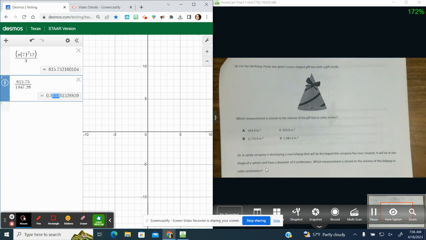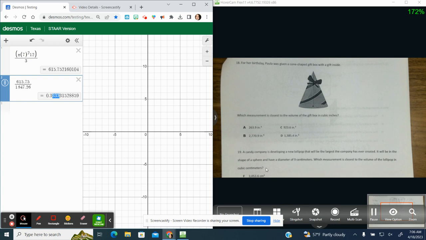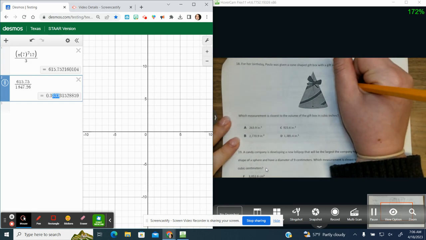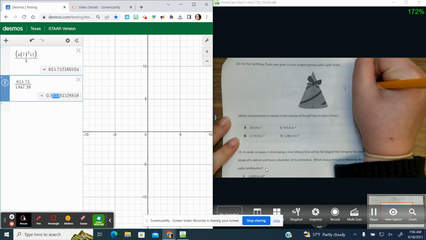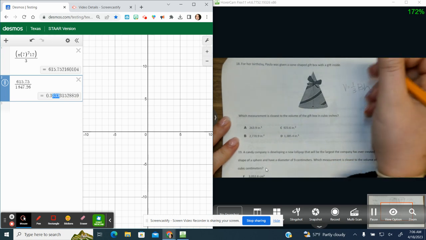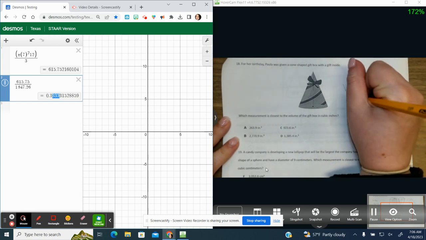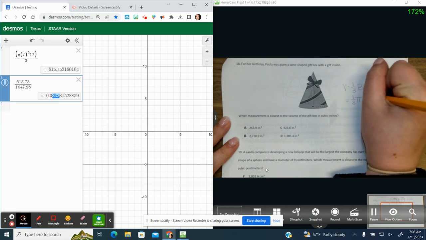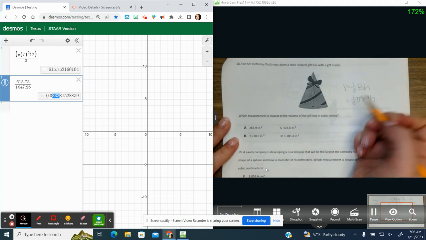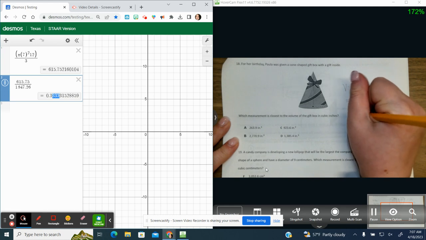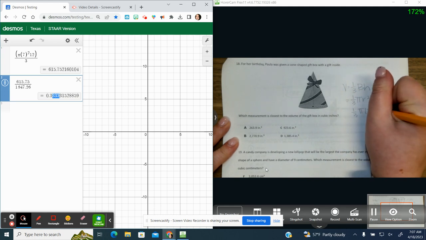Number 18. For her birthday, Paula was given a cone-shaped gift box with a gift inside. Which measurement is closest to the volume of the gift box in cubic inches? So volume is V equals 1/3 big B times h, where we plug pi r squared in for big B. And it says our radius is 7. It's a little tiny number, but it's there.